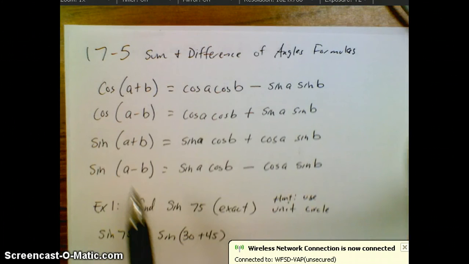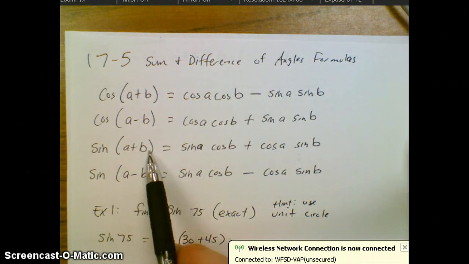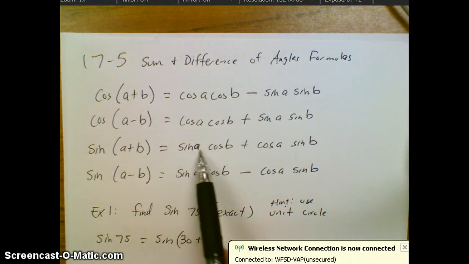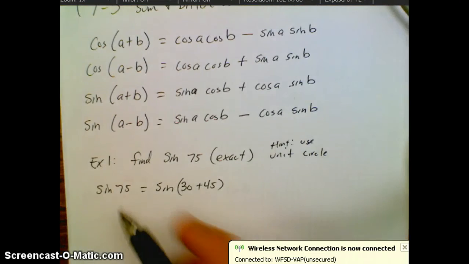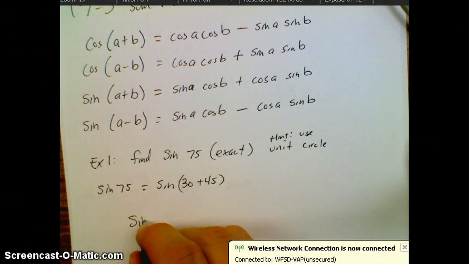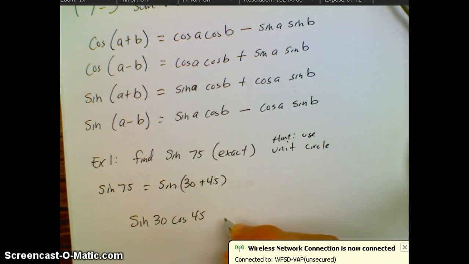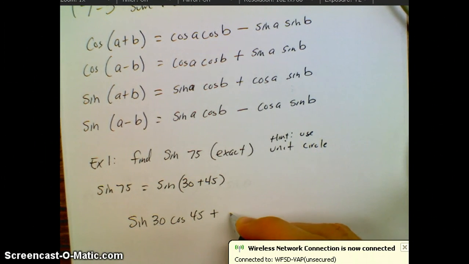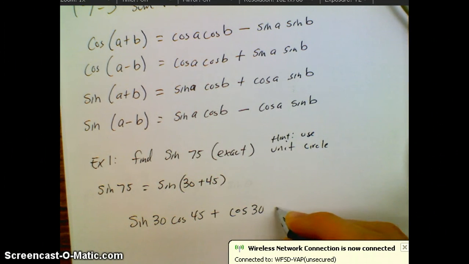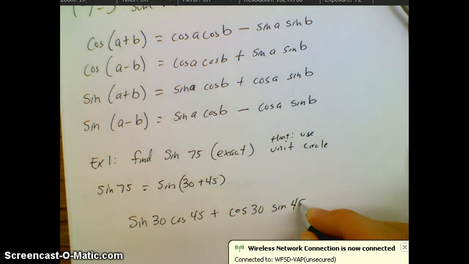So we go up here and say sine of 30 plus 45, and then plug in our A and B values. So it'll look like sine of 30 cosine 45 plus cosine 30 sine 45.